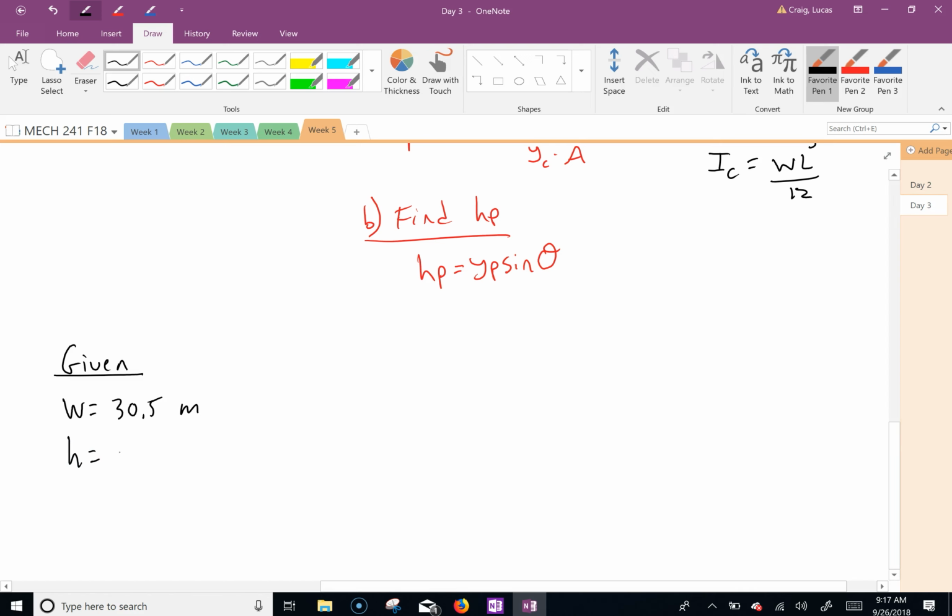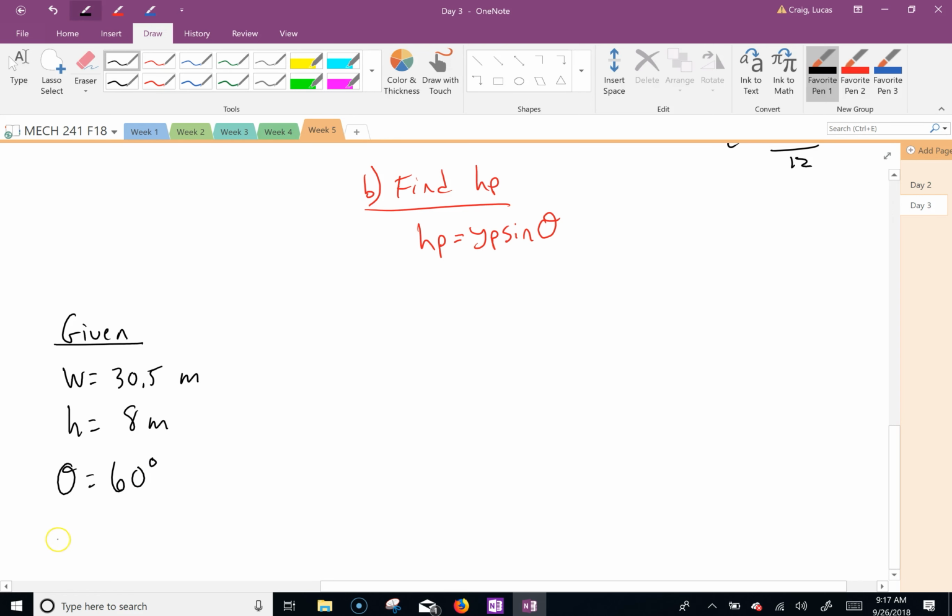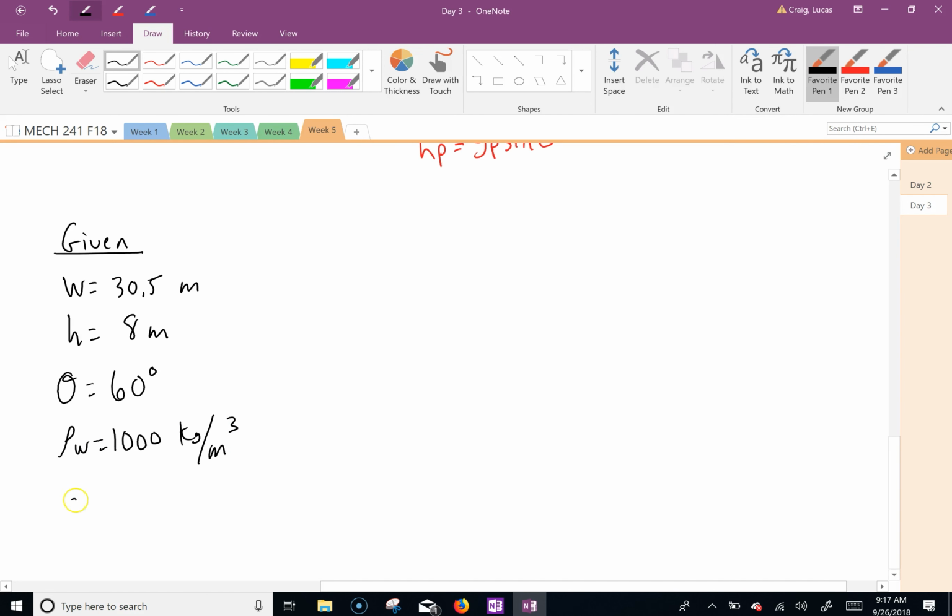It holds 8 meters of water, so the height is 8. The angle that it's inclined, so it's the sketch that we just drew, is 60 degrees. The density of water we know now is 1,000 kilograms per meter cubed, and we know we're going to need G. Some of these givens like G and density of water, we know we're going to use those. Might as well write them down.